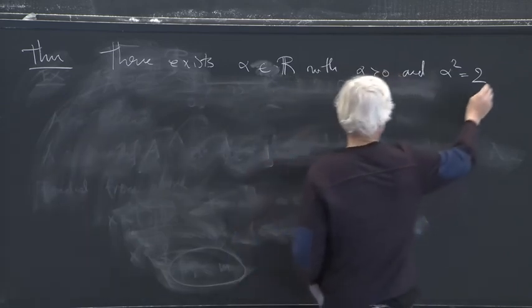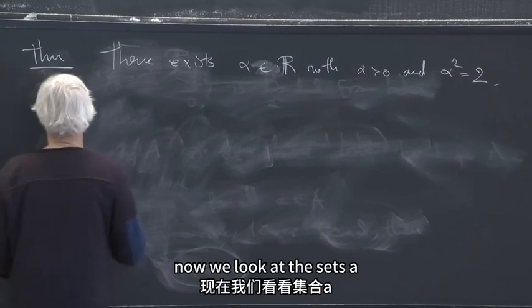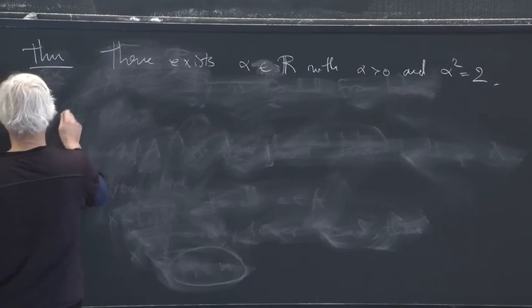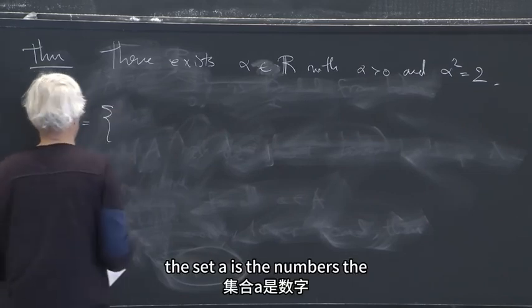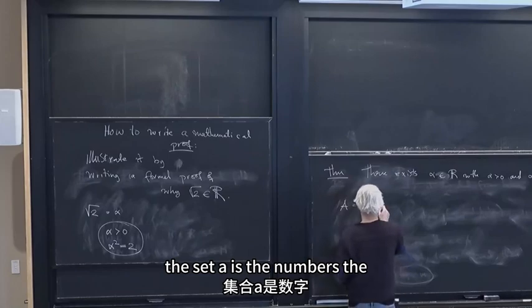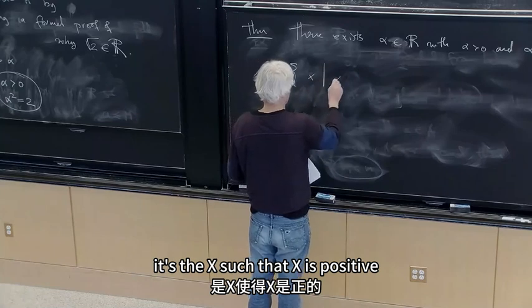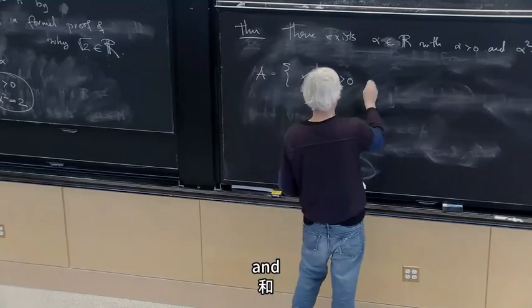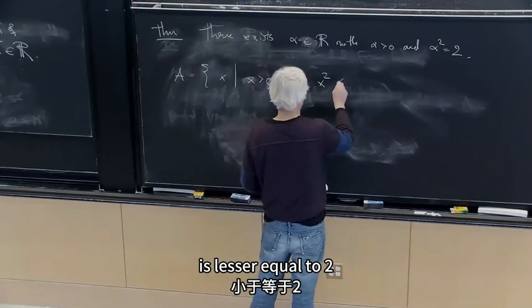Okay. Now we look at the set A. The set A is the x such that x is positive and x squared is less or equal to 2.